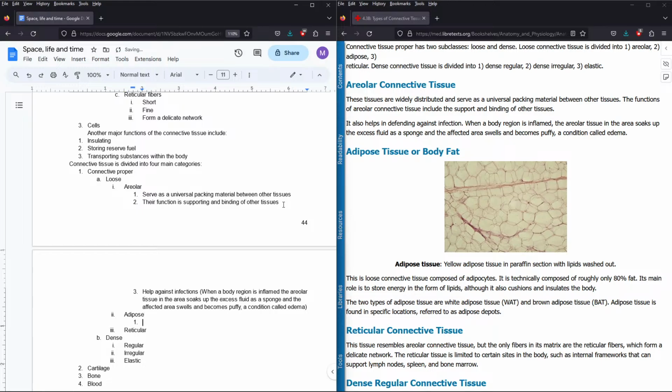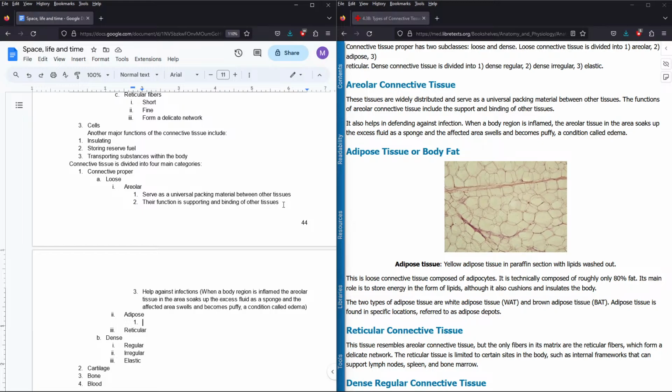Adipose tissue or body fat. This is loose connective tissue composed of adipocytes. It is technically composed of roughly only 80% fat.